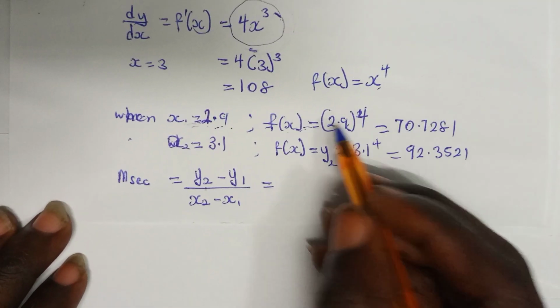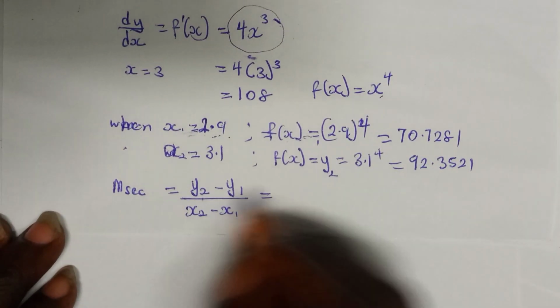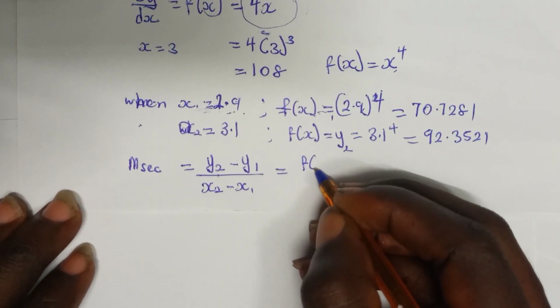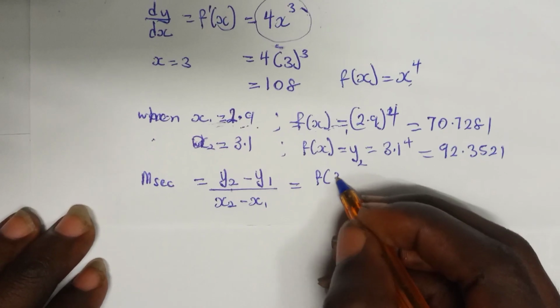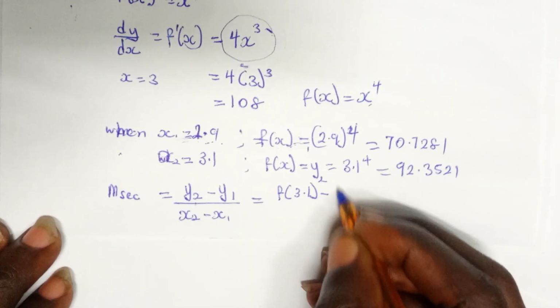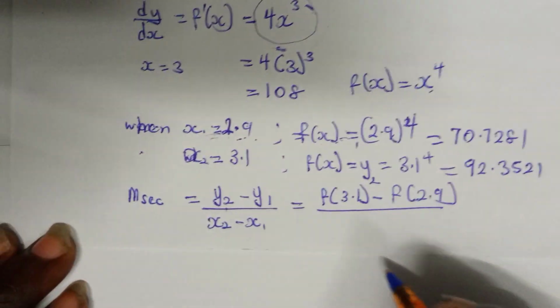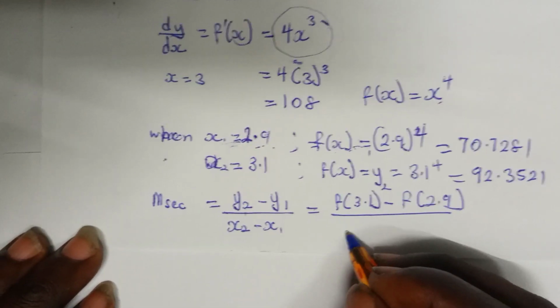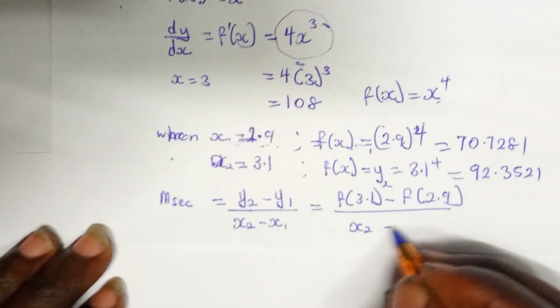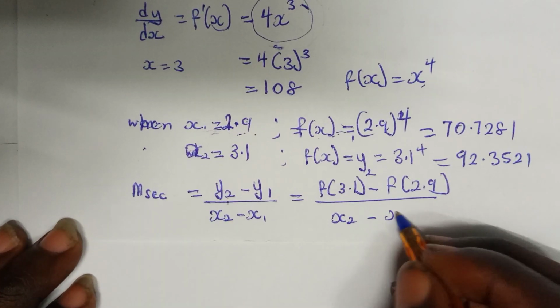So this can be written as f of 3.1 minus f of 2.9, all divided by x2 minus x1.